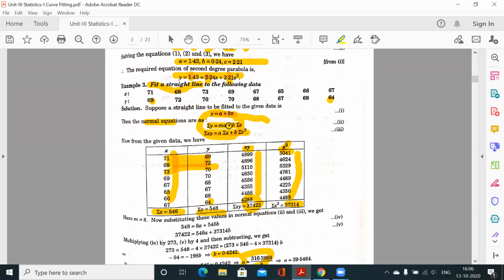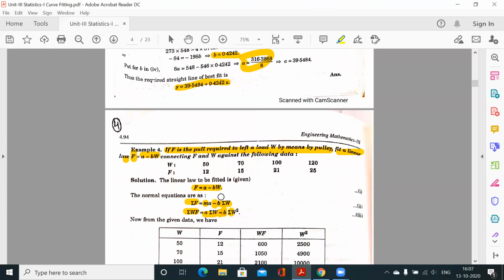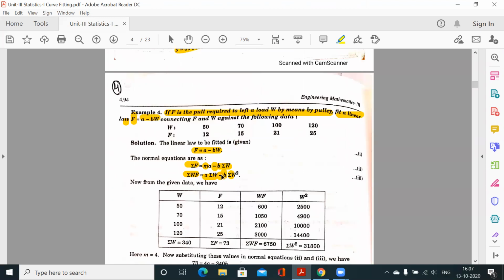Because we have to fit the minus sign here, this is minus, this is minus, this is minus, and the rest of the process is very similar. We only have to replace this plus sign by the minus sign. You treat this f as y and w as x and write the normal equations.